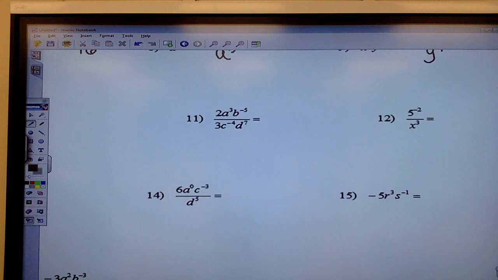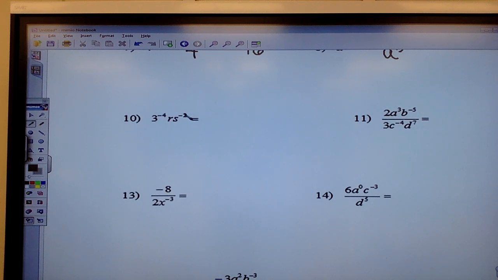Okay, let's go to number 10. Okay, so take a look here. Let's first analyze which factors are negative and will move and which factors are positive and will not move. So 3 is raised to a negative power, so it's going to move to the bottom. R is raised to a positive power.